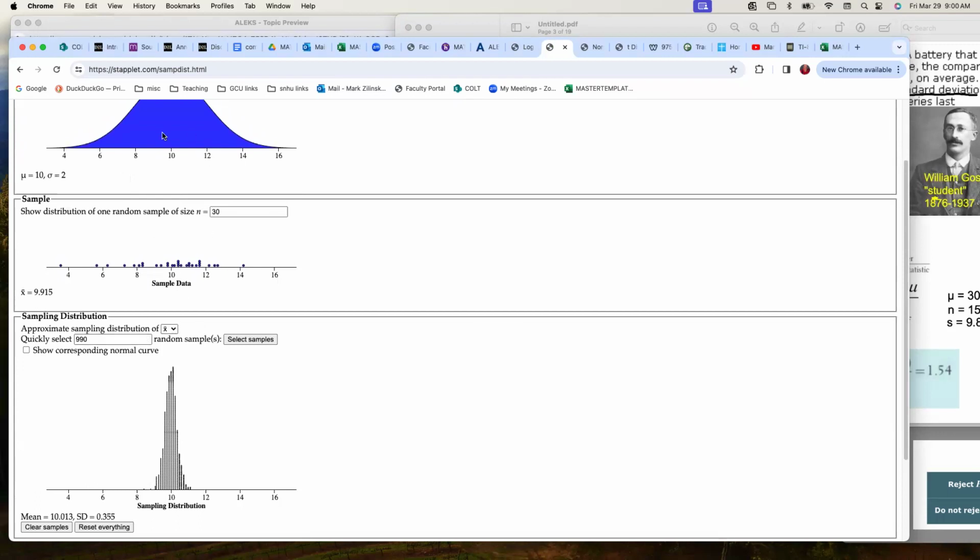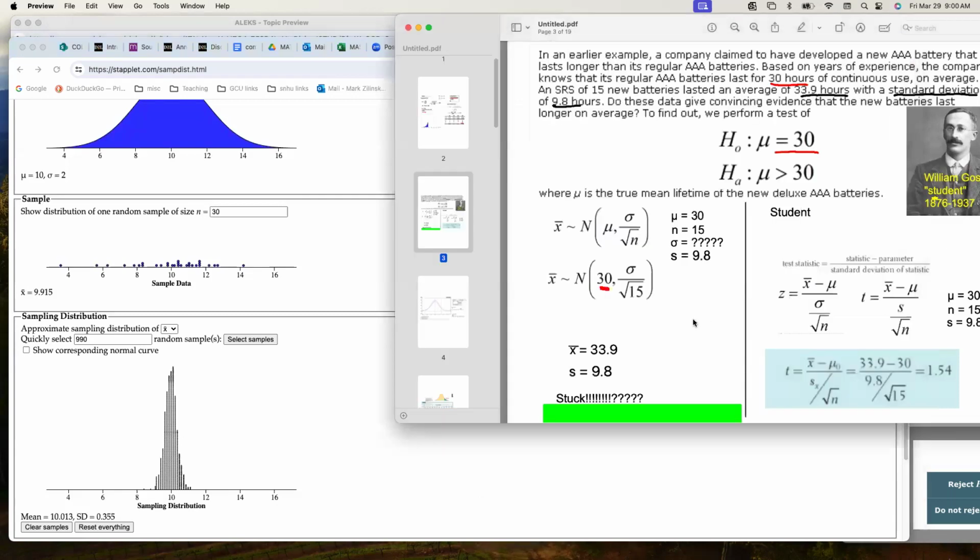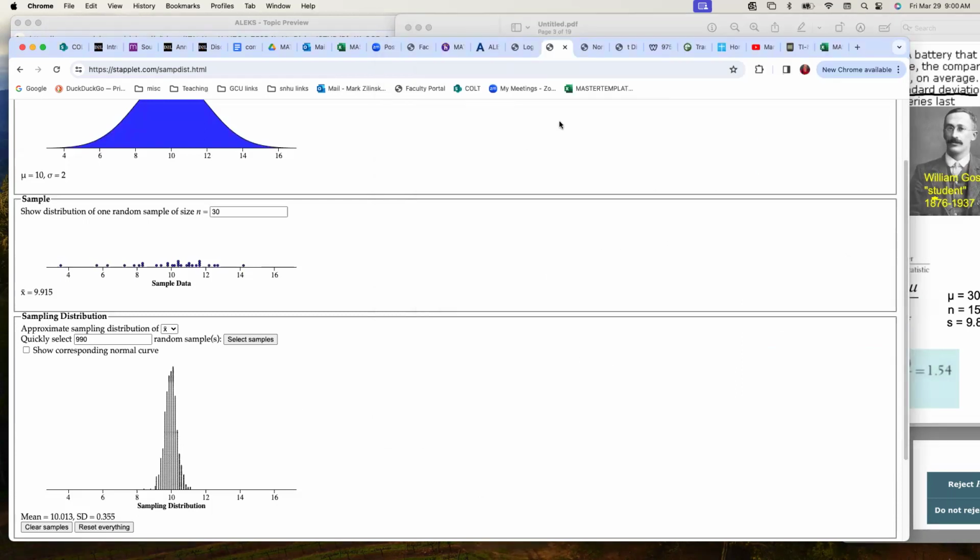So if we had every possible combination, which is too big a number to count, then it would be exactly 0.365, whatever 2 divided by the square root of 30 is. All that's doing is verifying that this sampling distribution is what it is. Now, this is a different scenario here. We'll get back into that later. I just wanted to look at this for that particular thing.